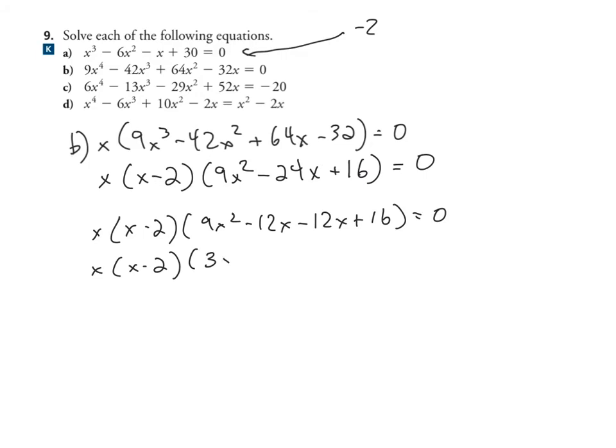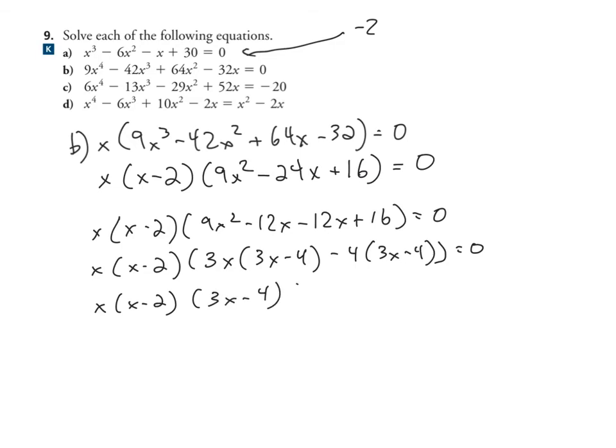Let's go 3x times 3x minus 4 minus 4, 3x minus 4 equals 0. So this is x minus 2, 3x minus 4, 3x minus 4 equals 0. So x equals 0, 2, or 4/3, and the 4/3 is order 2.